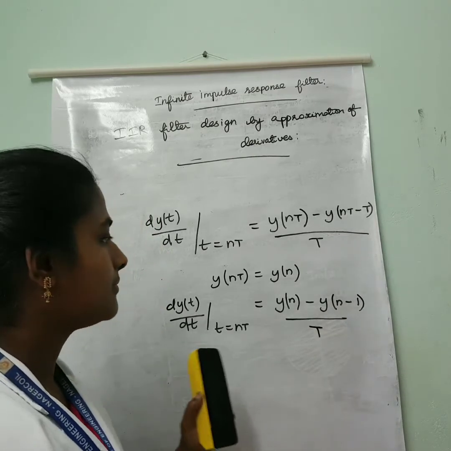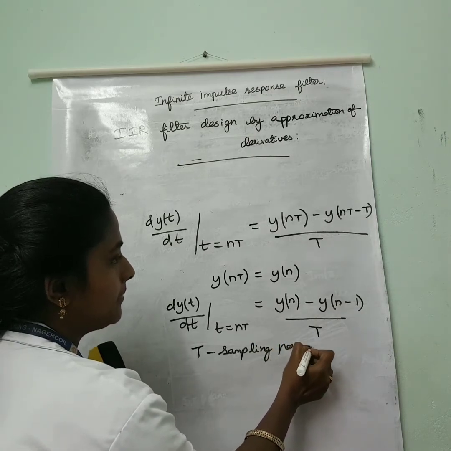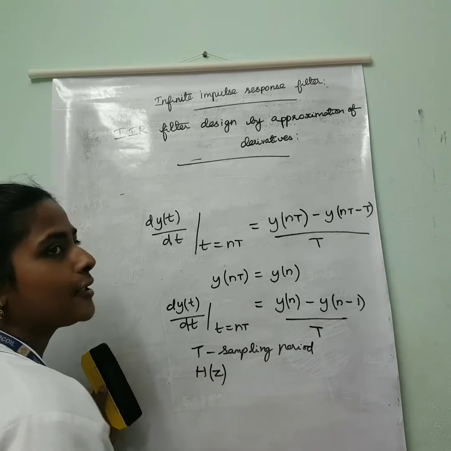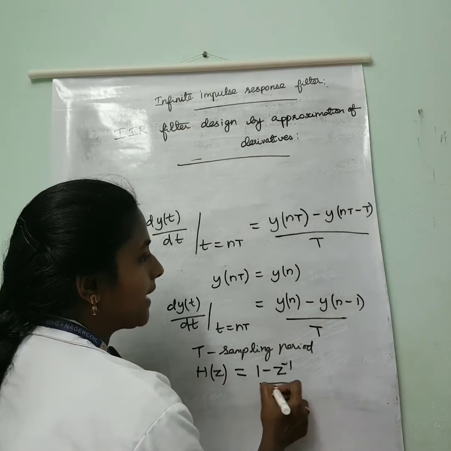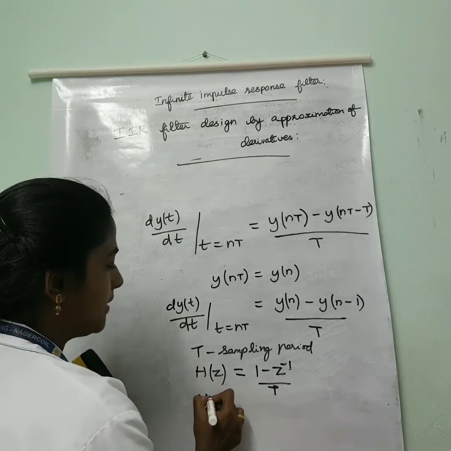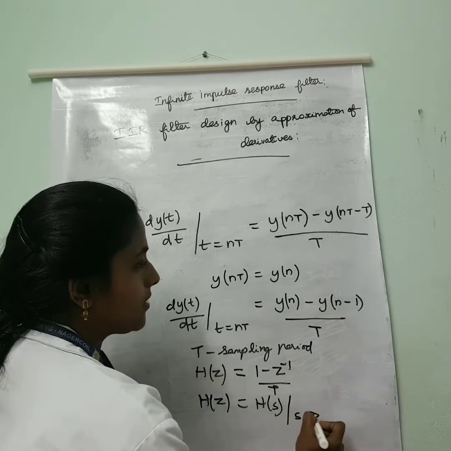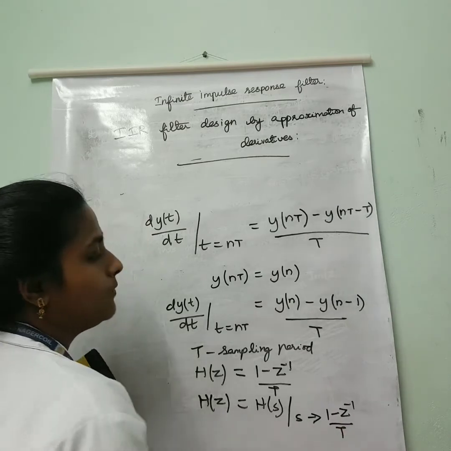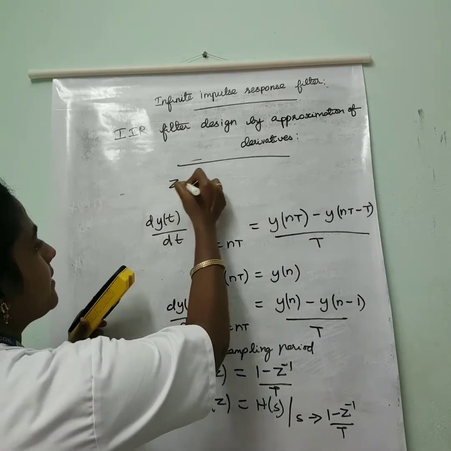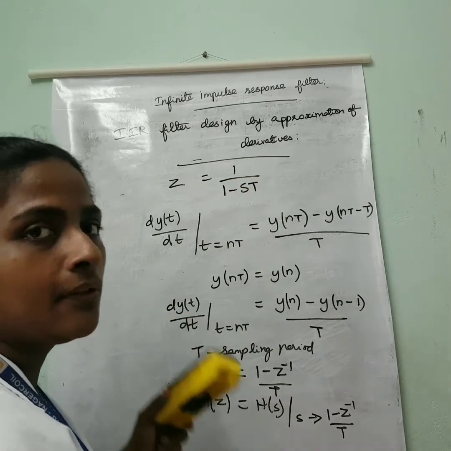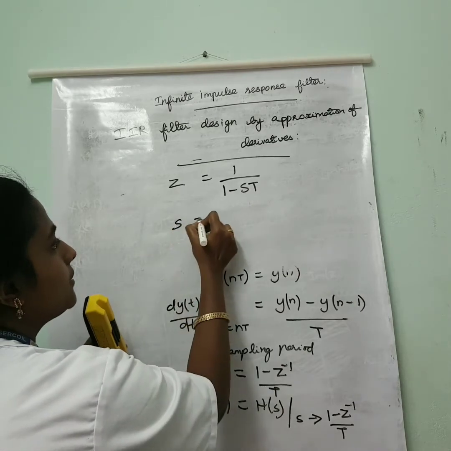Now T is the sampling period. The digital system produces the output, and the transfer function is H of z equal to 1 minus z inverse divided by T. H of z equals H of s, where s tends to 1 minus z inverse divided by T, where z is equal to 1 by 1 minus sT. Here s is equal to j omega.